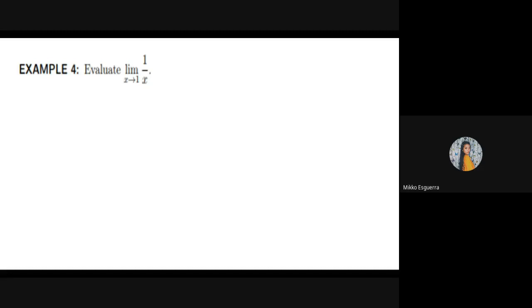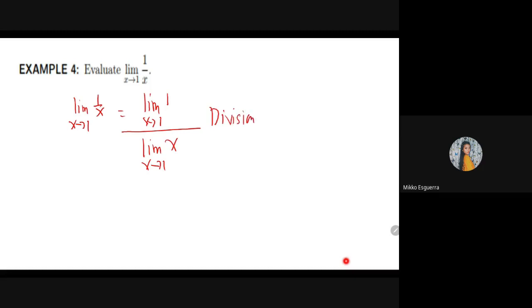So how do we apply the division rule? The limit of 1 over x as x approaches 1 is equal to the limit of 1 as x approaches 1 all over the limit of x as x approaches 1. This is the division theorem. The limit of 1 as x approaches 1 is 1, and the limit of x as x approaches 1 is 1. So therefore, that is 1. Okay? Clear?